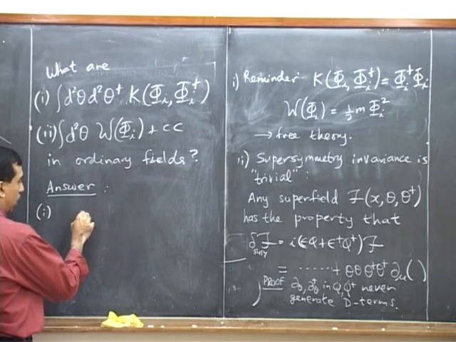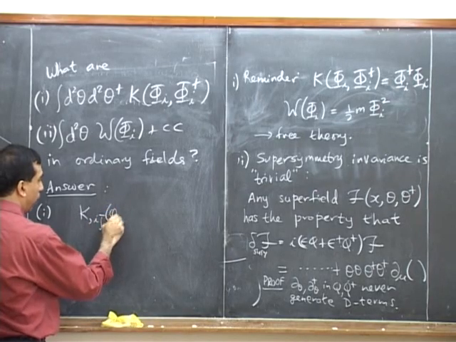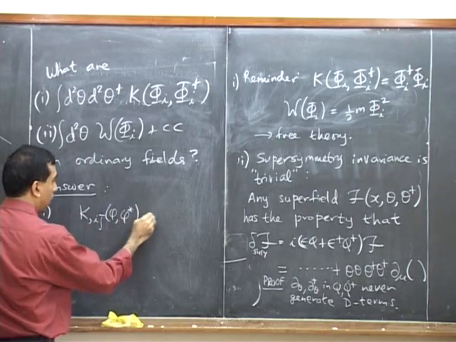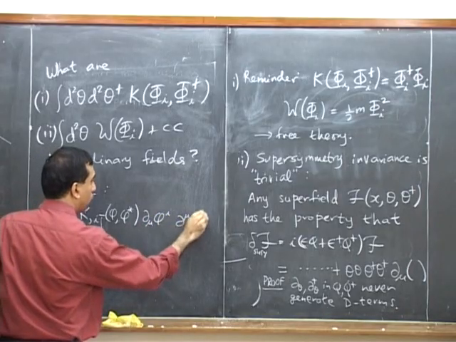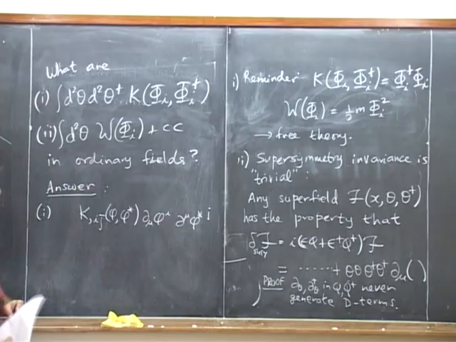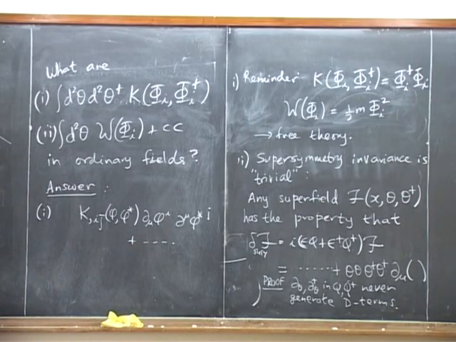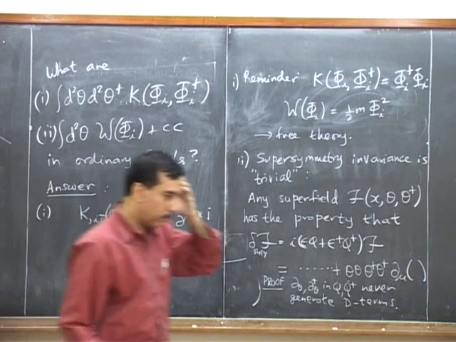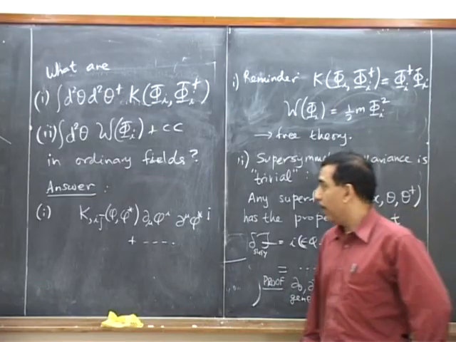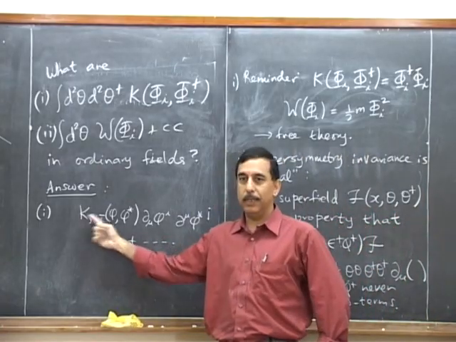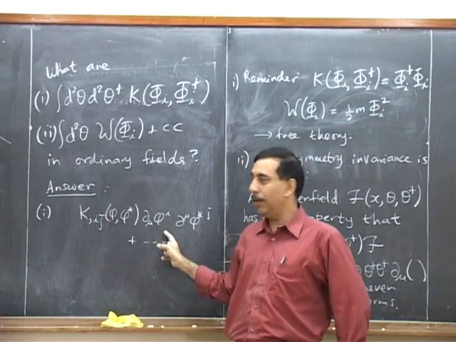And in particular, you get a term K_{I J bar}(phi, phi star) times del mu phi I, del mu phi star J. Lots of other terms, but here's one term. Does this look reasonable? First of all, if there was only one field and K was just phi dagger phi, then this thing would be 1. That's the kinetic term we looked at before.